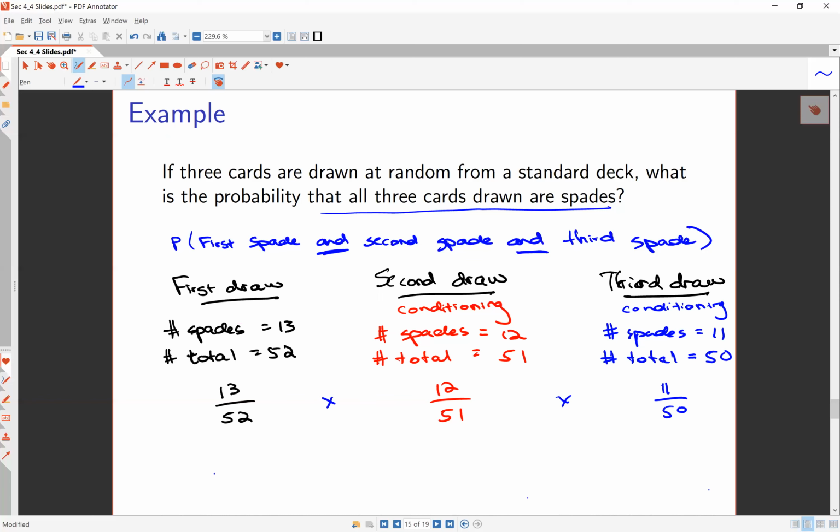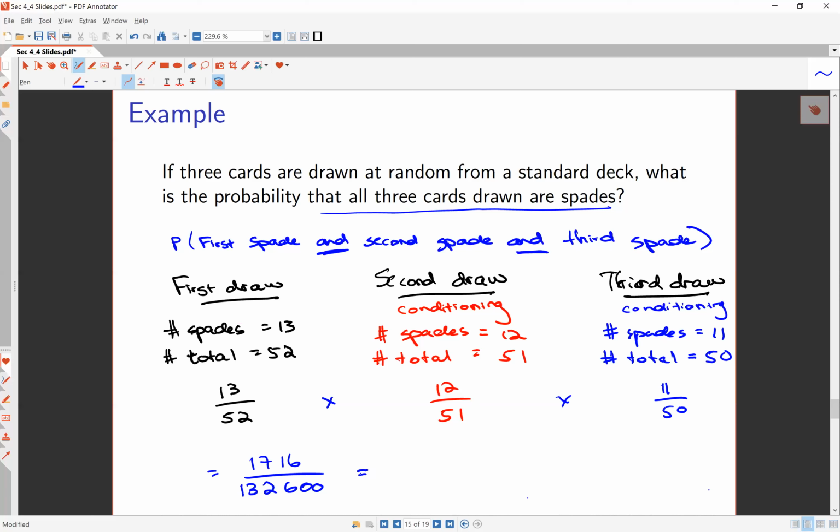And I multiply all 3 of these probabilities together. Let's see what that gives us. 13 times 12 times 11 is 1716. And the 52 times 51 times 50 is 132,600. And let's convert this to a decimal and round to 4 places.